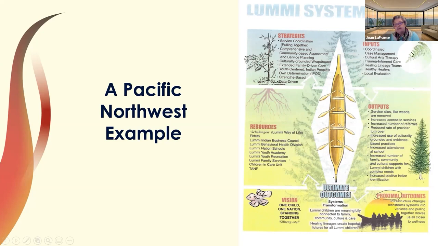Then they had the leaf represent their inputs. The actual tree was outputs, and their ultimate outcomes was represented by what a cedar tree is used to carve out a canoe in this area as their ultimate outcome. They actually made an animation of it.